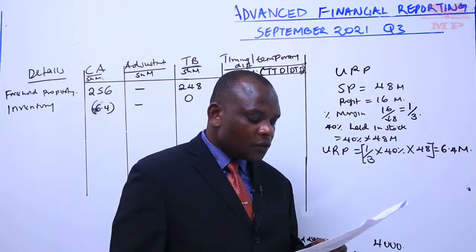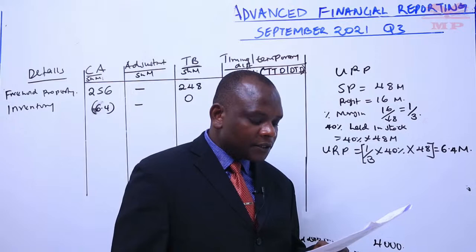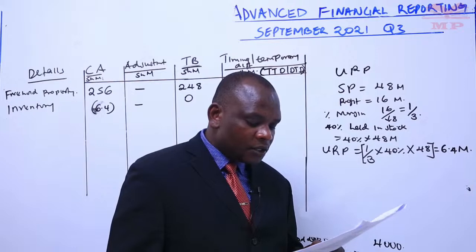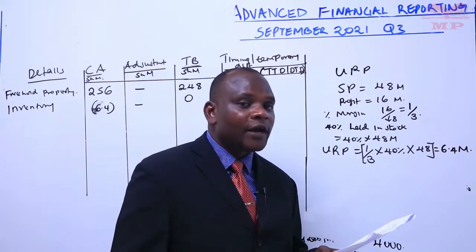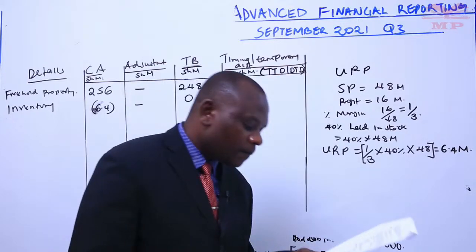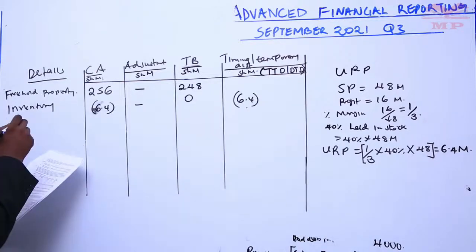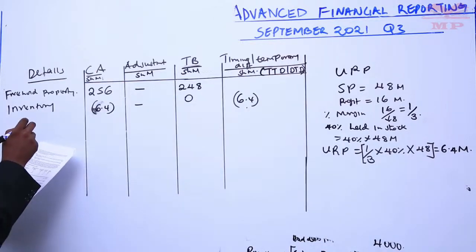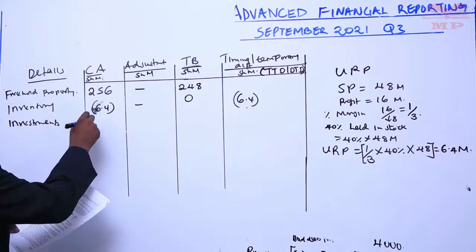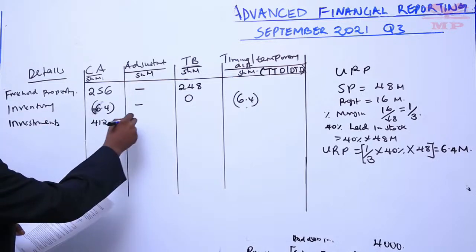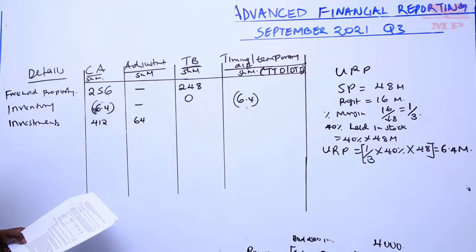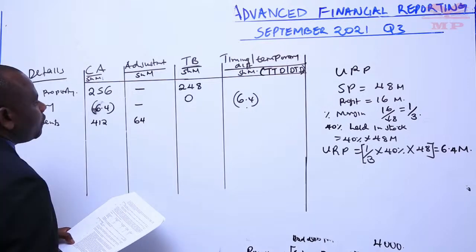So, according to an accountant, the unrealized gains are supposed to be used to increase the market value. It is like the investments have gained value. So the carrying amount for these investments is 412. We increase it with 64.